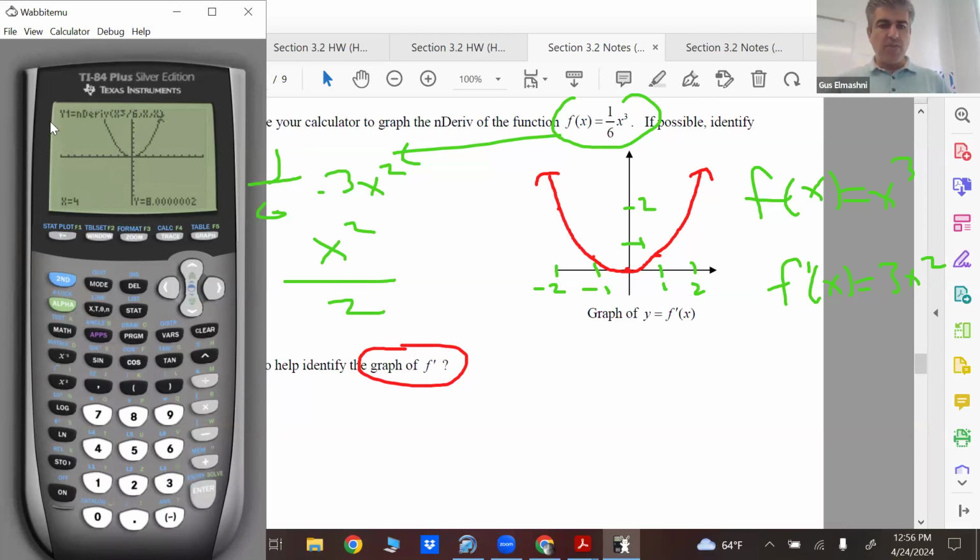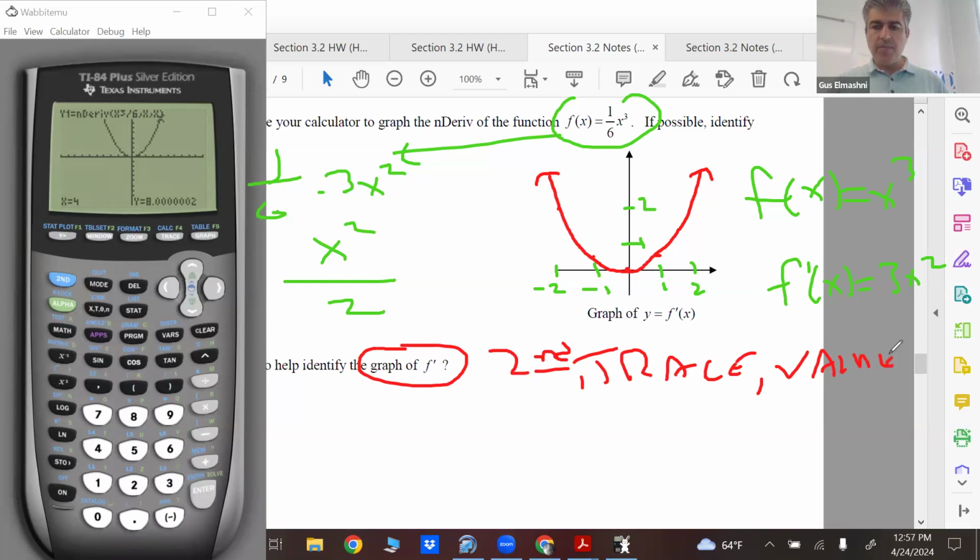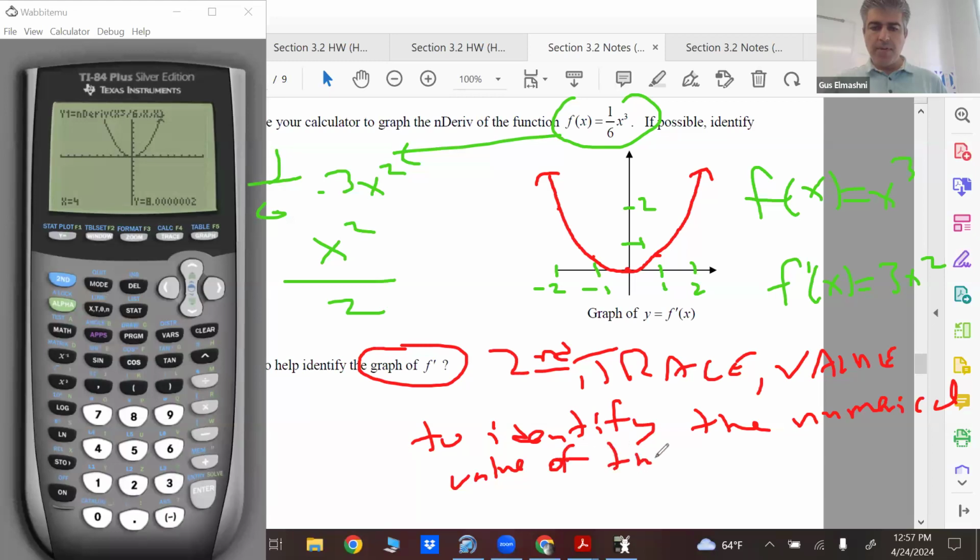So you could always hit second trace value to identify the numerical value of the derivative at various x coordinates.